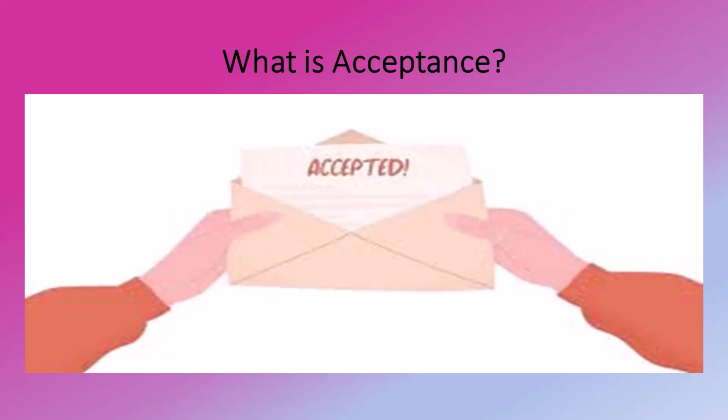If the offer is considered the starting point in a contract, acceptance is the concluding point. It signifies the willingness of the offeree to be bound by the terms proposed by the offerer. Acceptance is the point where negotiations turn into a binding contract.